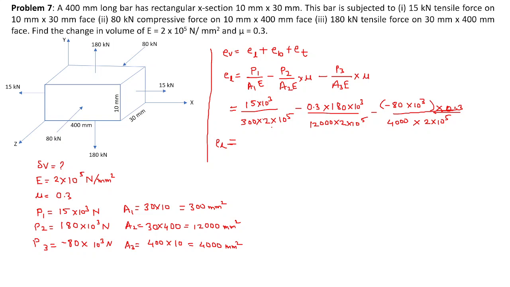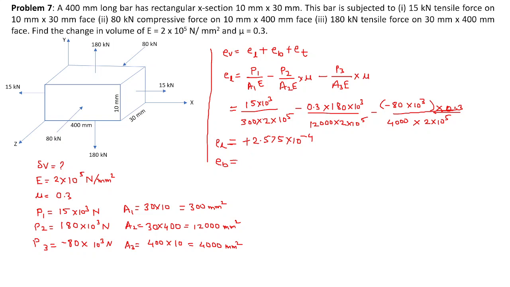It will be positive 2.575 into 10 raised to minus 4. Similarly, you can calculate EB.